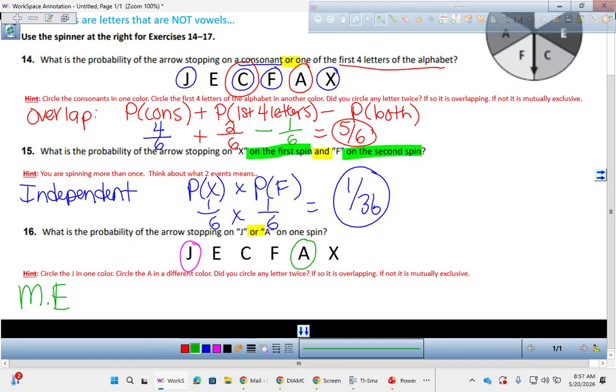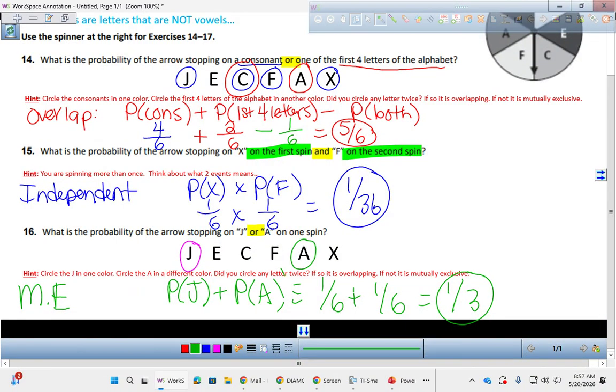So I'm going to take the probability of J and add it to the probability of A. The chances that the wheel lands on J is 1 out of 6, and the chances that it lands on A is 1 out of 6. I'm going to use my calculator to add those two probabilities together, and when I simplify, I get 1/3. All right, so the answer to this one was 1/3.